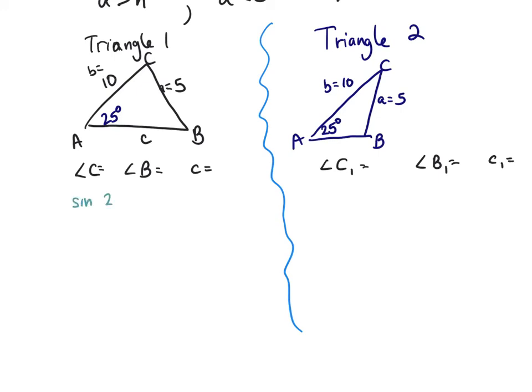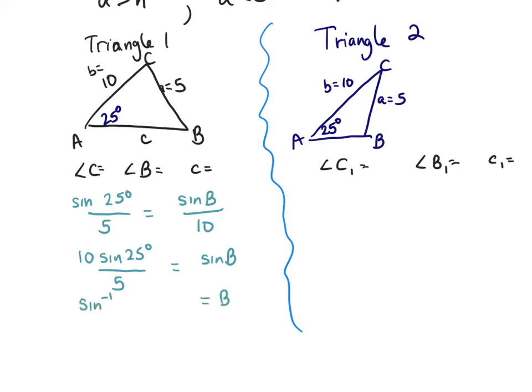So sine of angle A over A equals sine of angle B over B. So I'm going to multiply both sides by 10. So I get 10 sine 25 over 5 equals sine B. And so now to find angle B, I'm going to take the inverse sine of all this stuff from above.